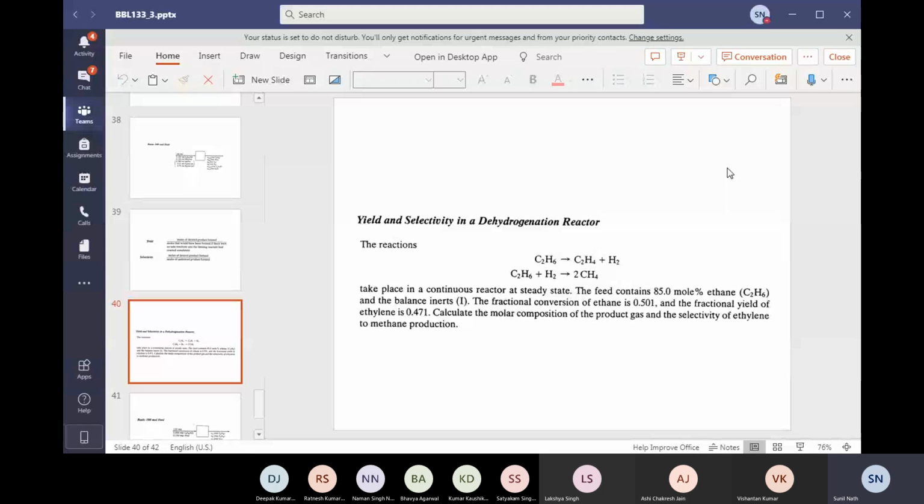Third, find the yield of ethylene based on reactant consumption. Fourth, find the selectivity of the product, that is ethylene, relative to methane: moles of ethylene per mole of methane. Try this using the type of method we have outlined several times now.